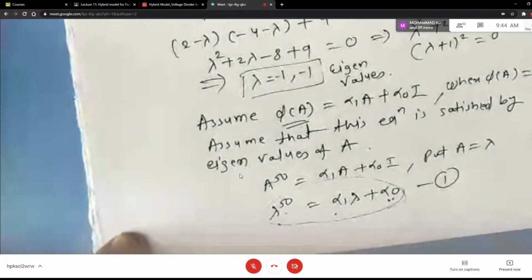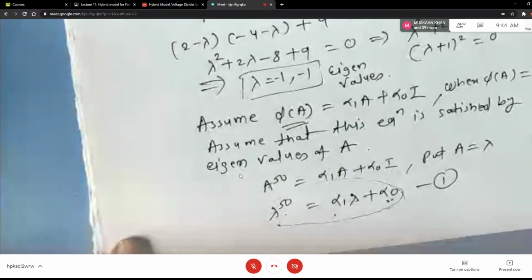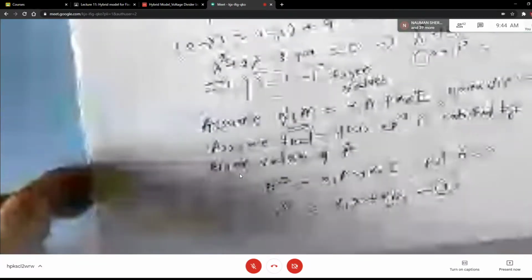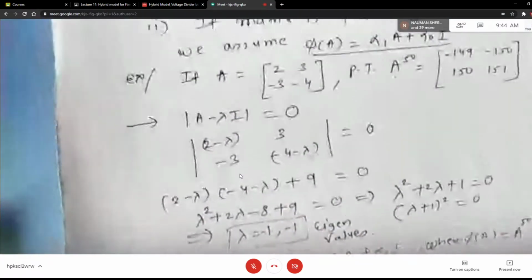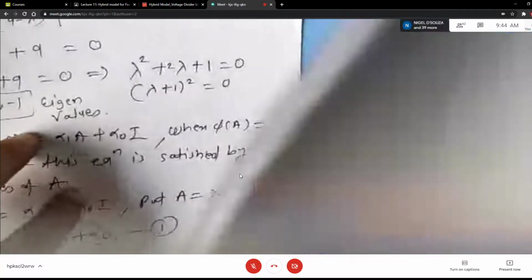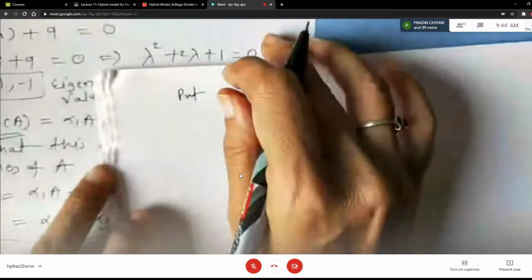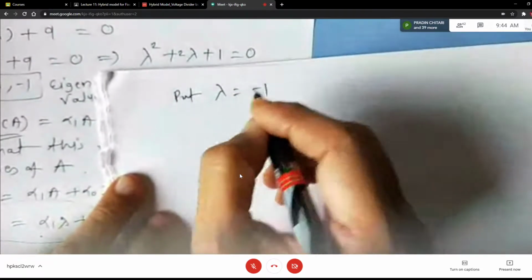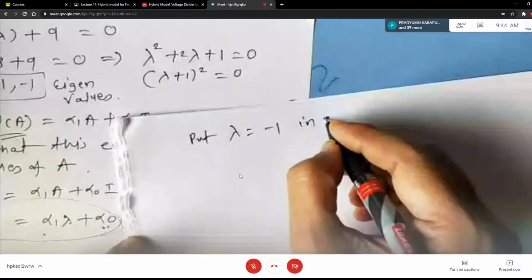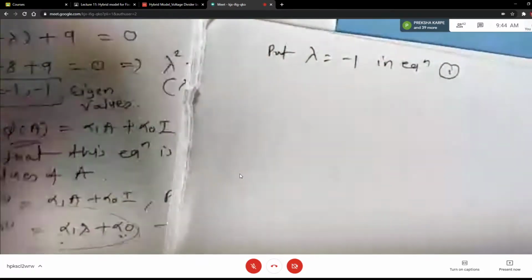Now what happens? This is our equation number 1. Now in this equation, we are going to put our eigenvalue. What is our eigenvalue, students? Minus 1, right? So put lambda is equal to minus 1 in equation 1. Now see what will happen here.